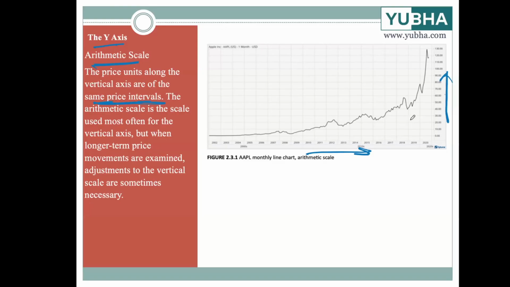So it can be 100 rupees over here, 120, 140, 160, and that's how it will go. And each movement up or down basically represents one unit of price. Most of the time the vertical axis is the one that we look at, and in most cases that suffices our needs. It shows us how the prices are moving upwards or downwards.